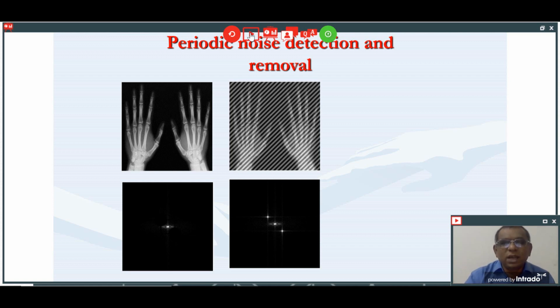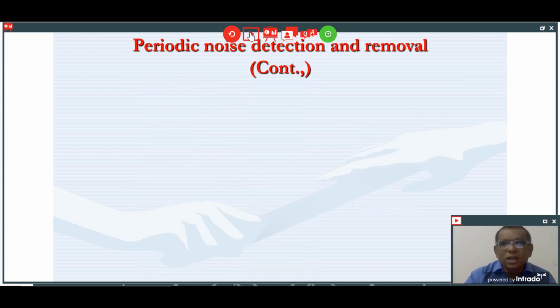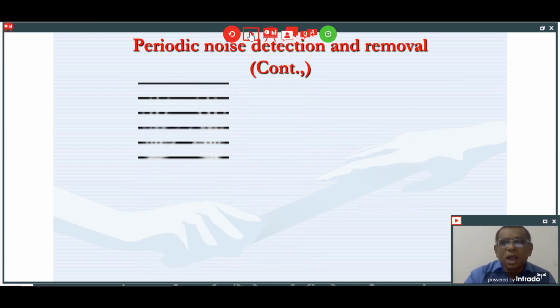That is the reason why we get two additional dots other than the original spectrum. If we can minimize these dots, then the impact of this periodic noise will be minimized. That is shown here. So we can minimize the impact of periodic noise by just filtering the spectrum of my input image.